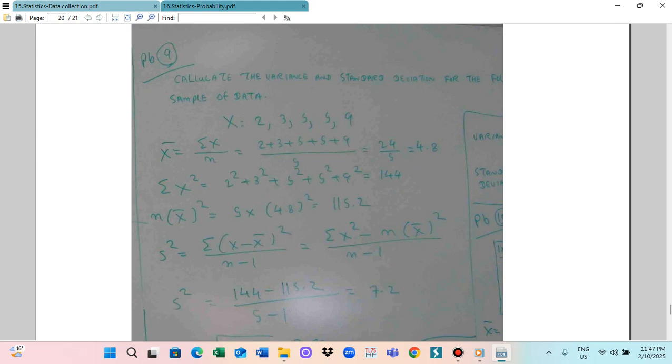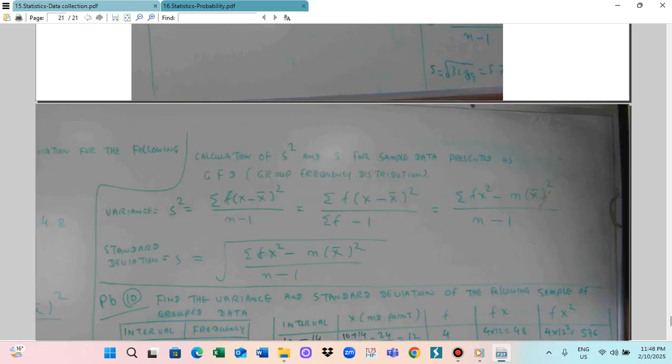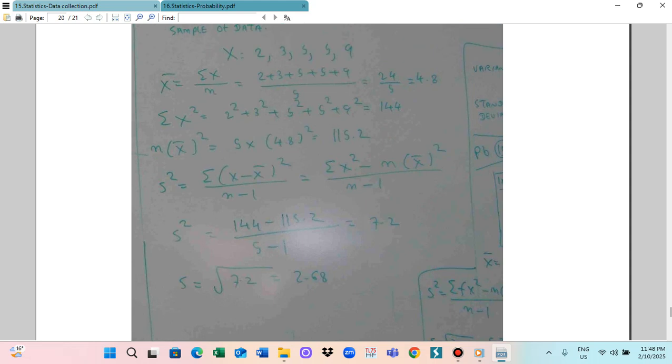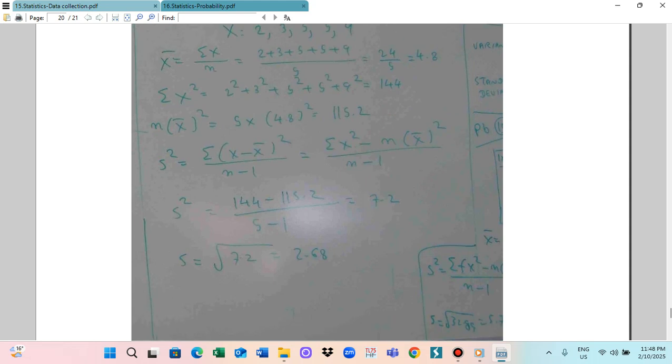Minus n x bar squared is 115.2, divided by n, which is 5, minus 1. So s squared is equal to 7.2. Then s is the square root of 7.2, which becomes 2.68. So the standard deviation is 2.68.